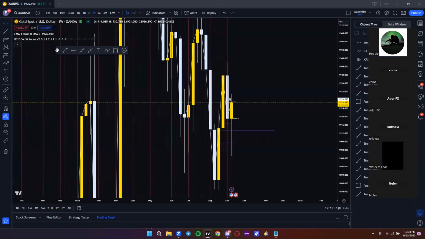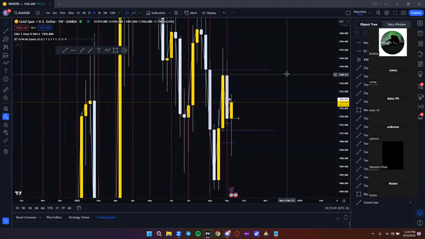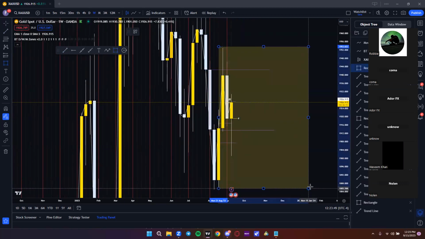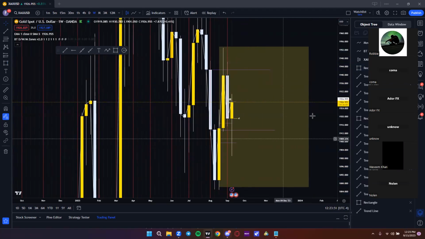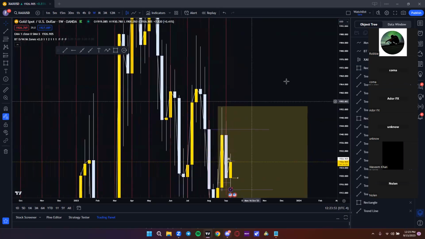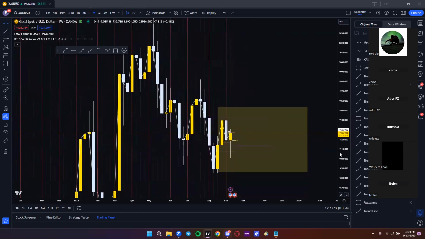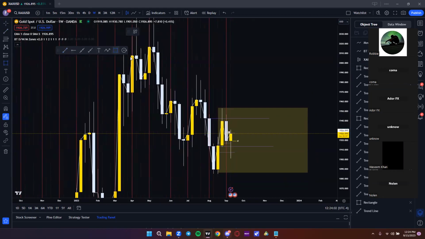It didn't break anything, actually. It didn't break the current market price push down, and this push down didn't break anything. So altogether, we can just say that this is just going to be a range until we get a clear decision of what price is going to do. Same thing like what happened kind of like right here as well.